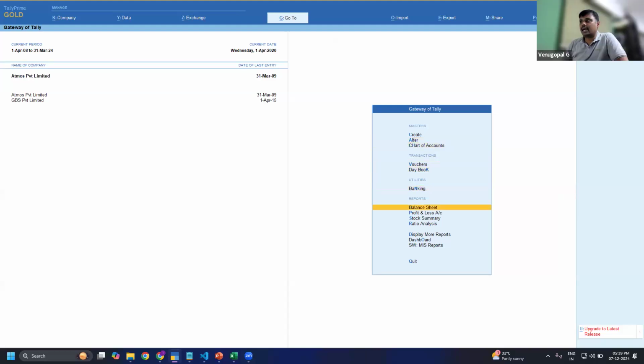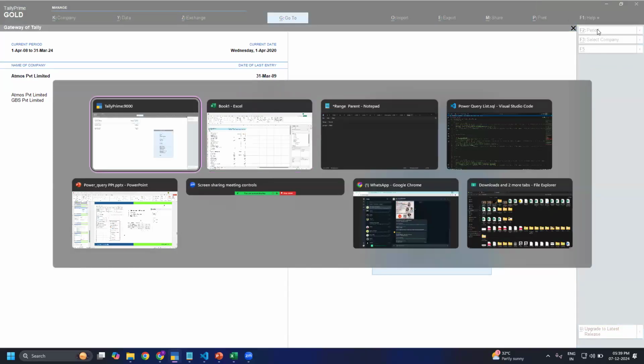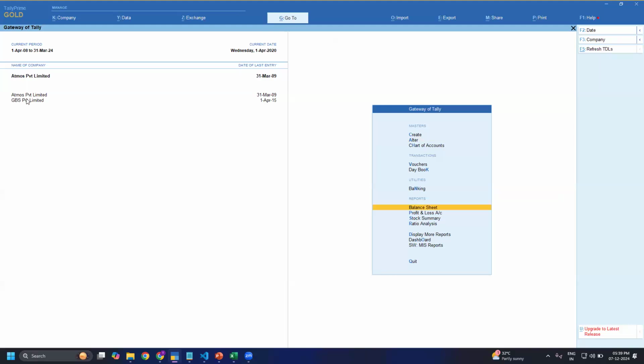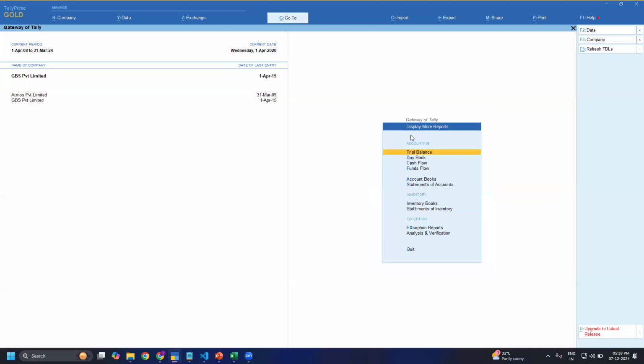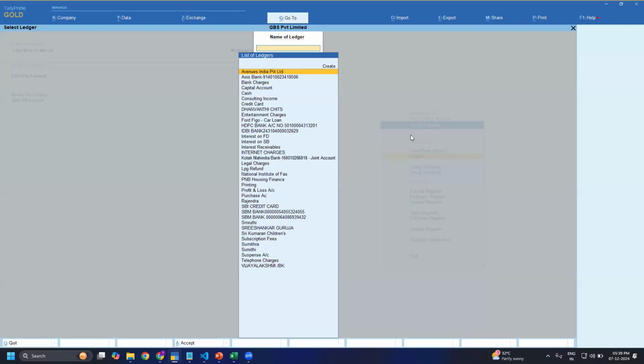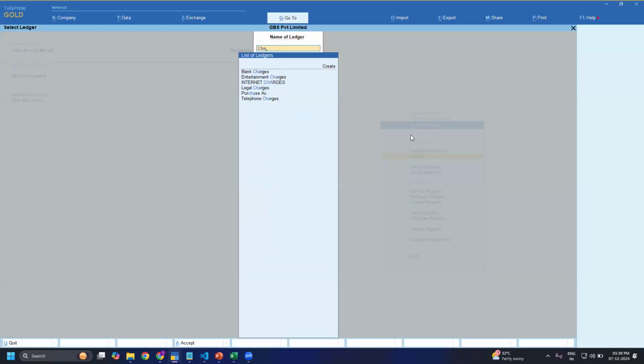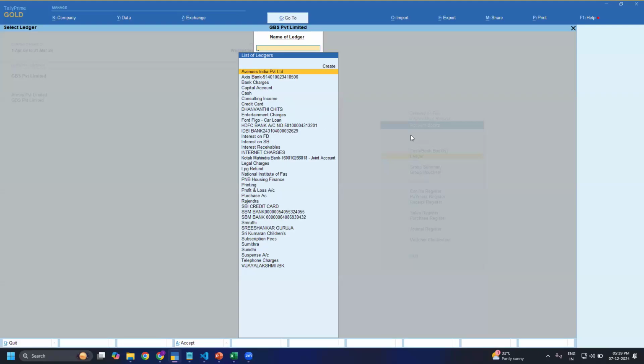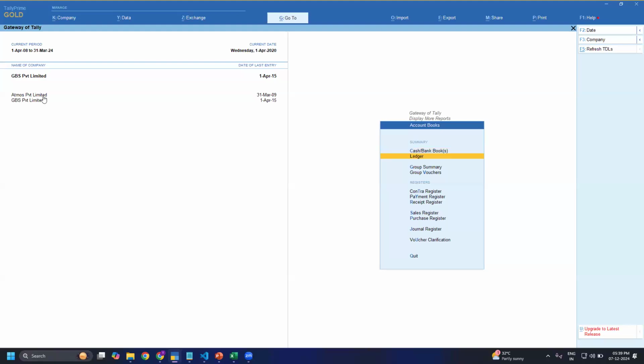Is the ledger in the other GBS Private Limited? Yeah, 1 minute. It is not this, it is in Atoms Private Limited only.